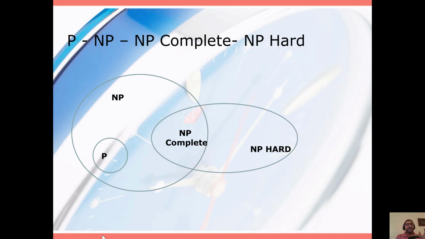And each one of these is harder than or equal to the previous one. Like NP-hard is harder than or equal to NP-complete. NP-complete is harder than or equal to NP. NP is harder than or equal to P. And that is the differentiation, or differences, between them.